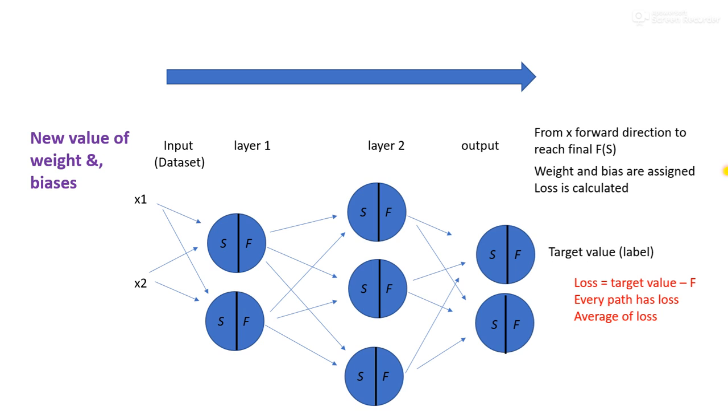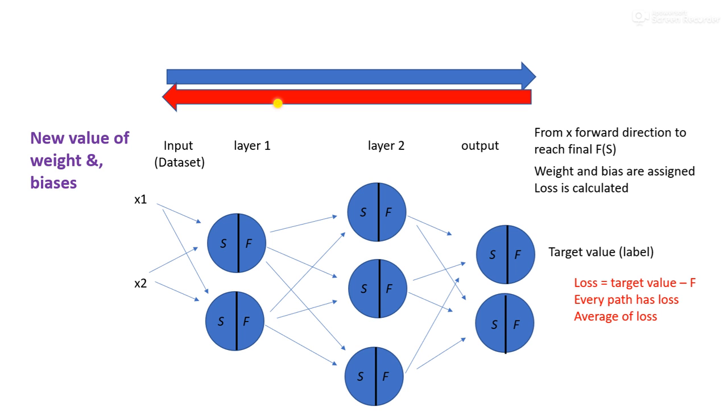So from x forward direction, weight and bias are assigned and calculated. The same thing, you repeat from the beginning, and then you go back. So now is the second epoch. Just now was the first epoch, now is the second epoch.